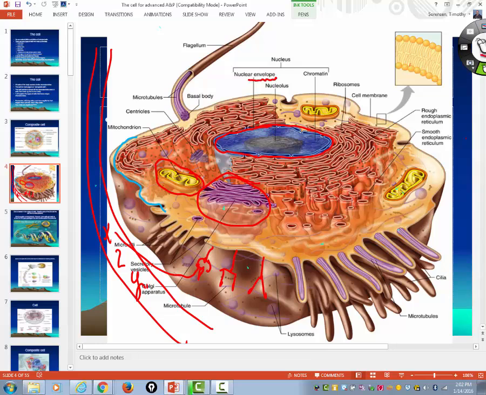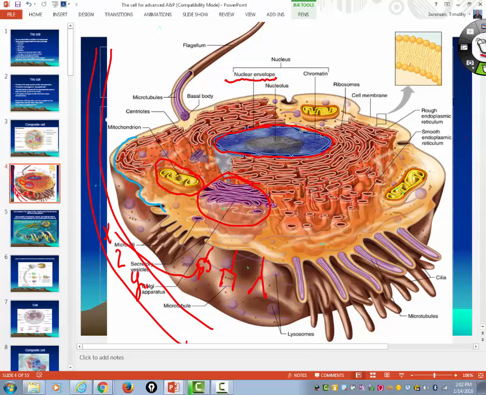The nuclear envelope protects what's in the nucleus from any potential chemicals in the cytoplasm of the cells. The cytoplasm is the watery part of the cell, the soup of the cell. If you look at the cell, it kind of looks like a bowl of soup, right? You got the watery part, and then you got some noodles and some folded noodles. So the cytoplasm is the watery part of the cell.